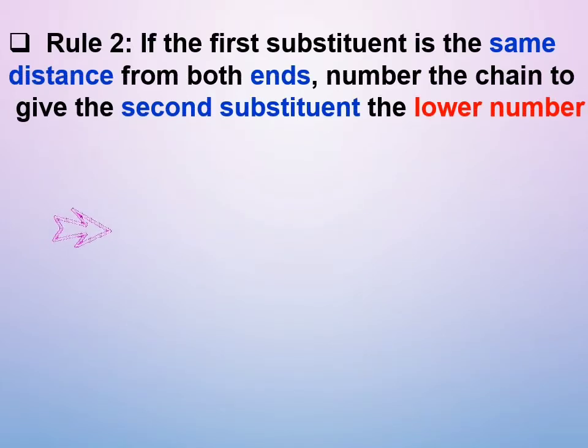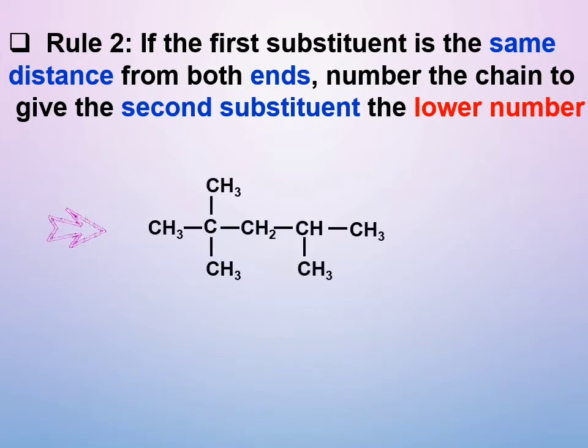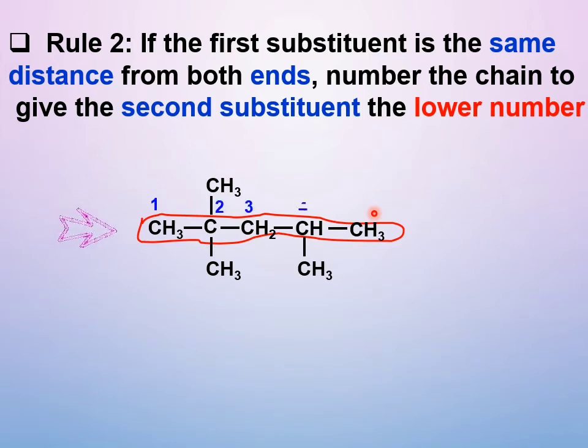Rule number 2: if the first substituent is the same distance from both ends, number the chain to give the second substituent the lower number. For example, my parent is 1, 2, 3, 4, 5. So this is my parent. Where should I start the numbering? Should I start from this end or the other end? The correct way should be 1, 2, 3, 4, 5.